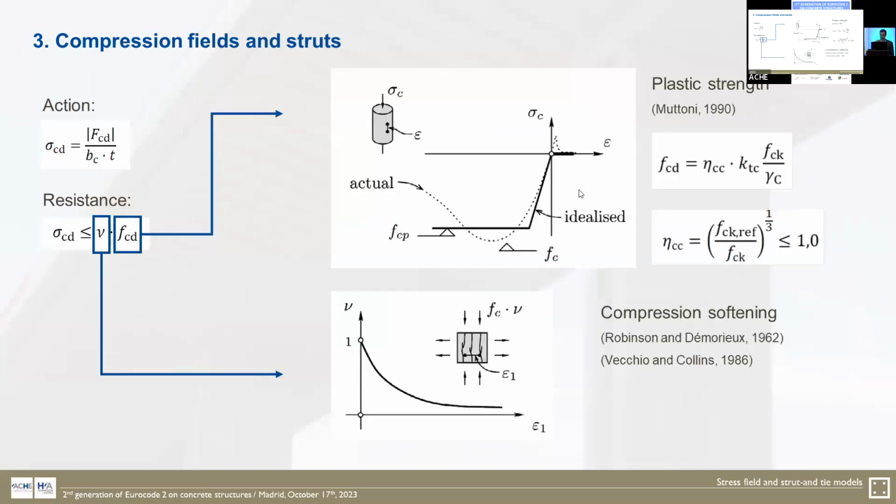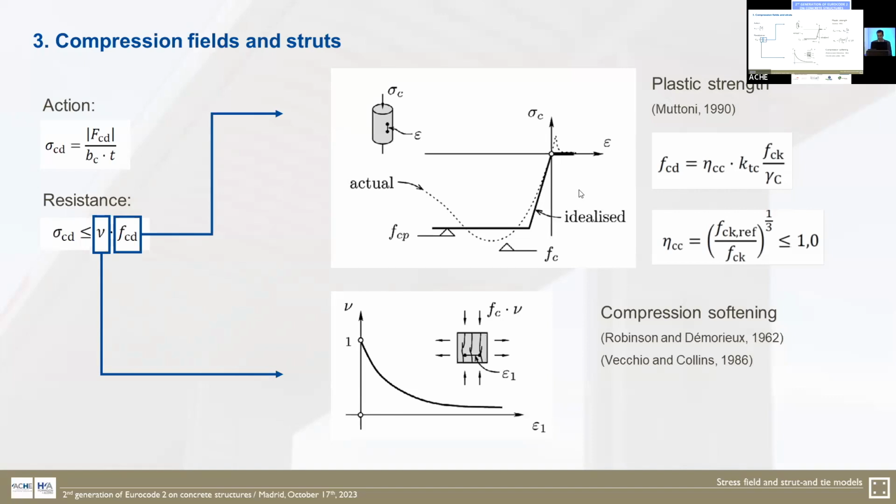It's the force that we have upon the surface. However, there has been a lot of work devoted to the resistance. The resistance is composed of two parts. The first one is what is called the design plastic strength, fcd, that you see here. And this design plastic strength considers that concrete is not a perfectly plastic material, so it is softening after reaching the peak value.